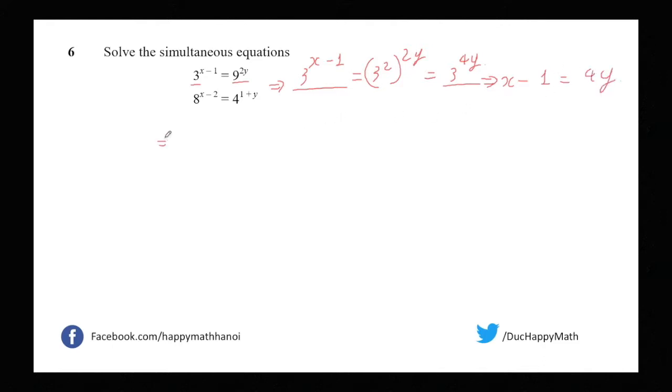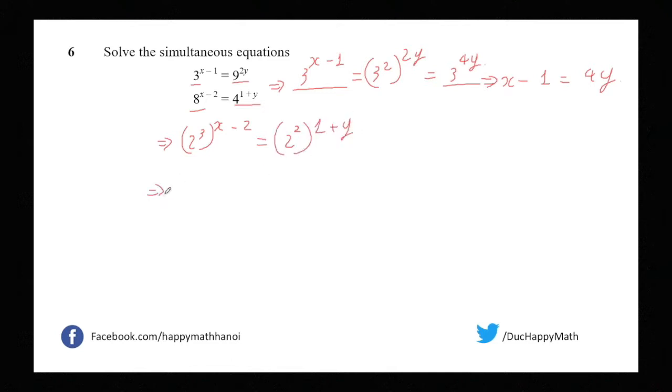And the second one, I will change these two sides of this equation so that the base number is the same. It means 2 with 2. So I will have 2 cubed to the power of x minus 2, and 4 becomes 2 squared, and the outside is 1 plus y.